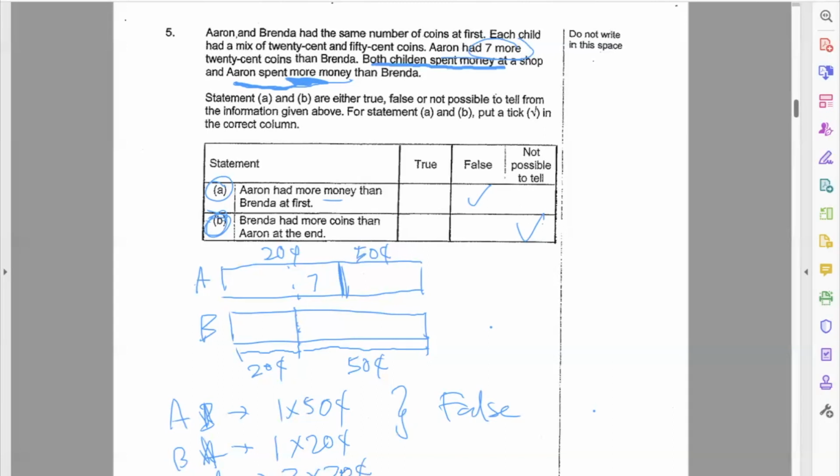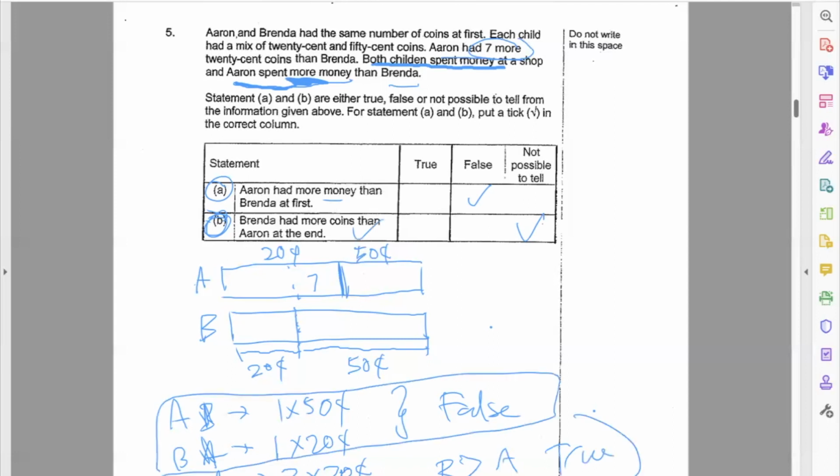So Aaron spent more money than Brenda, but because Aaron spent 3 coins and Brenda spent 1 coin, in the end Brenda will have more coins than Aaron. So in this scenario, it is true. So we can have two different scenarios, one is false and one is true, and that is why for question 5b, the answer is not possible to tell.